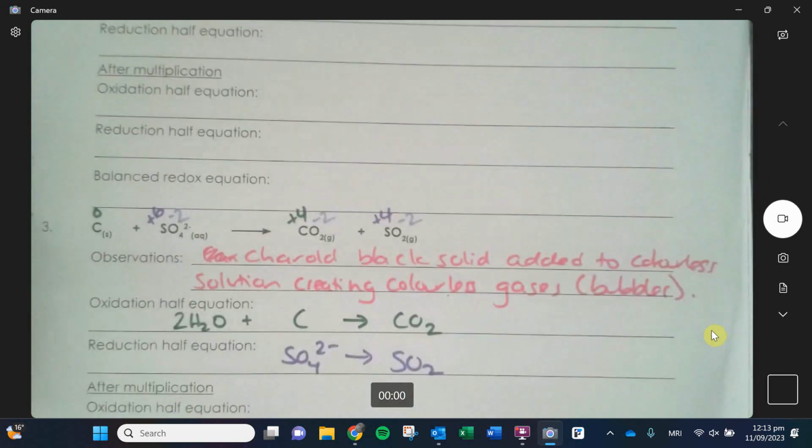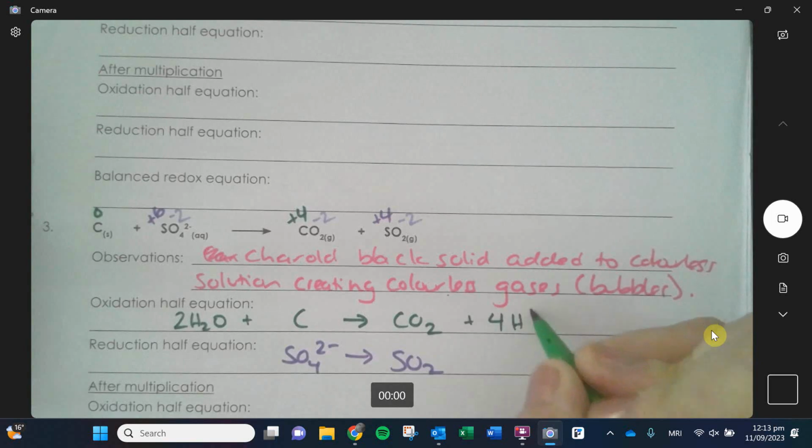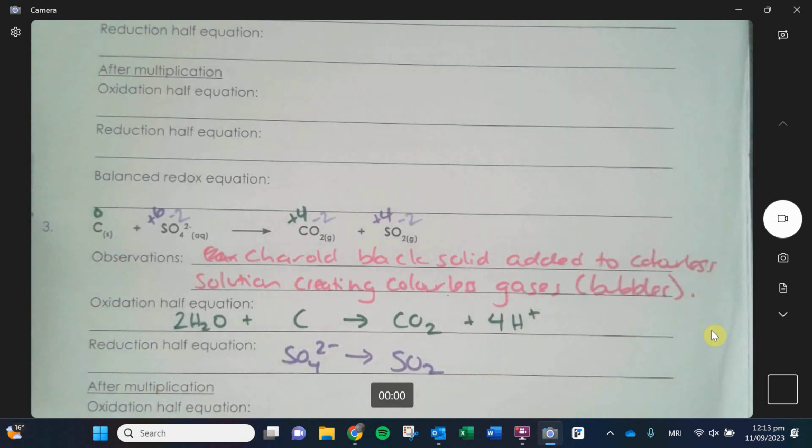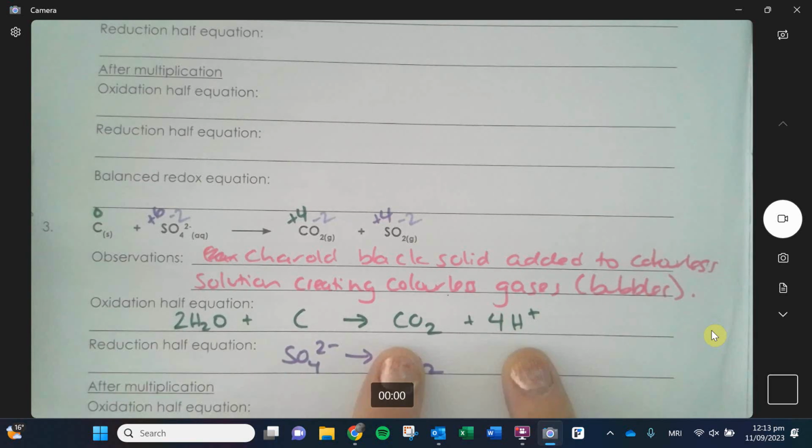All right, now that I've done that, I need to put what on this side? 4 hydrogen ions. All right, last step is to balance with my electrons so the charges are equal. Everything on this side is 0. On this side, we have +4.